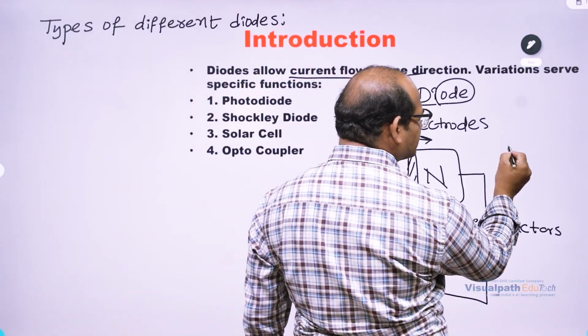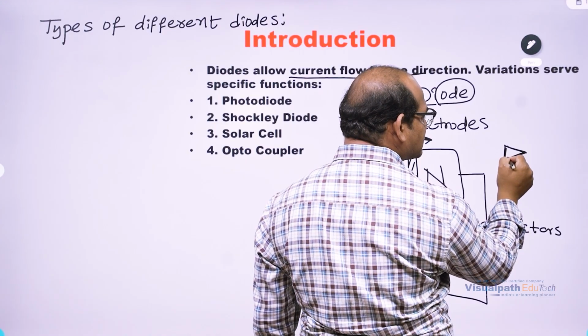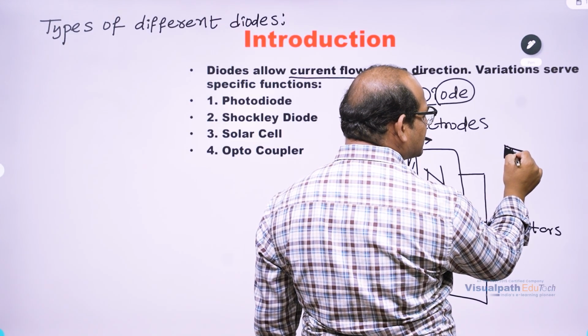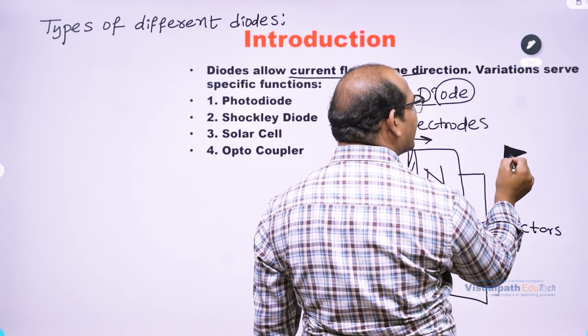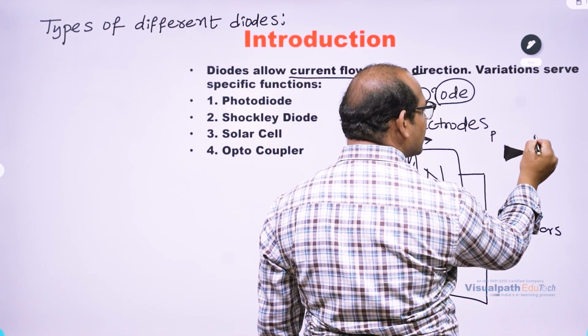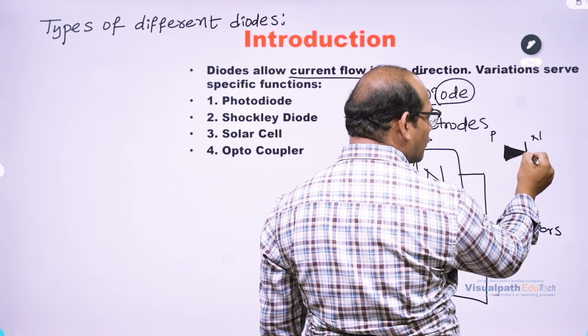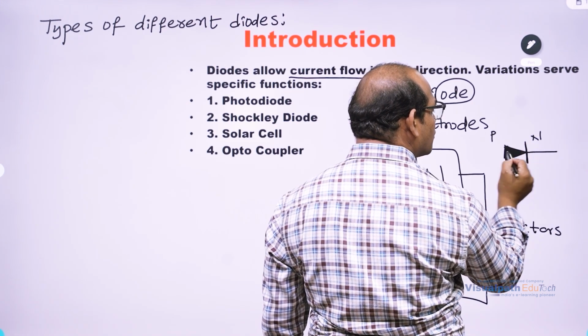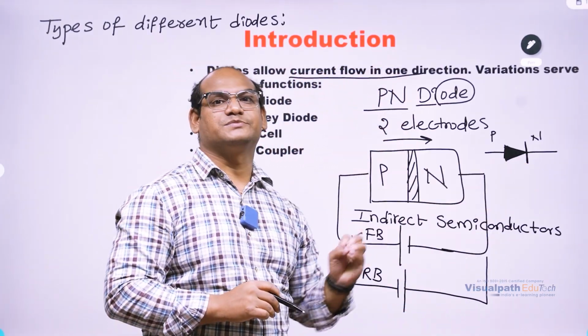That is the reason we give the diode circuit symbol like this. The triangle indicates the current flow from p side to n side, and this vertical line indicates there is no current flow from n side to p side. So this is the diode symbol we give for the PN junction.